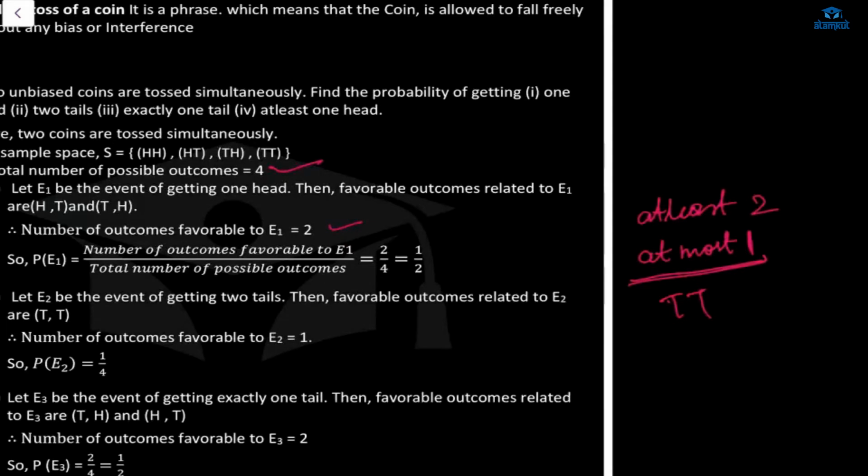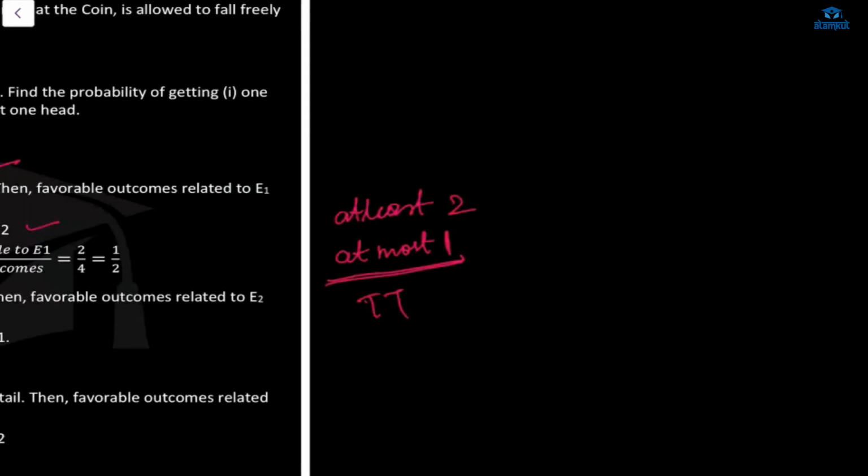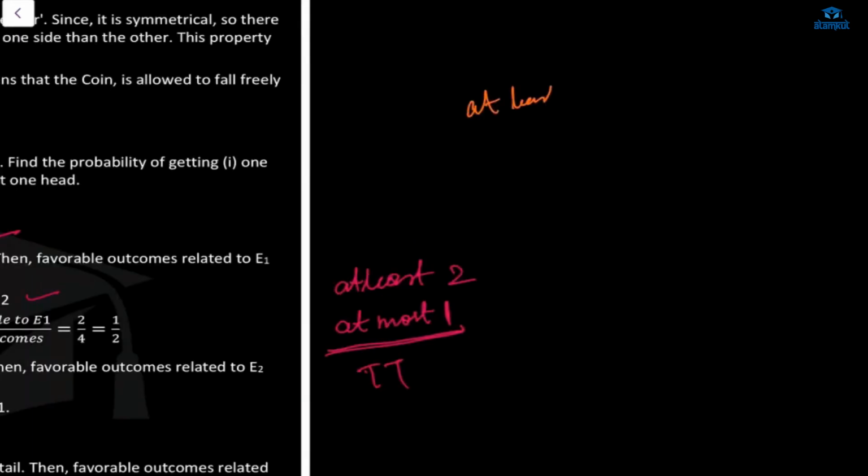For example, if I'm telling you at least one head, I'm tossing 3 coins simultaneously. So the sample space will have 8 values. Yes or no, Sophia? It will have 8 values. And I'm telling you to find the probability of an event of at least one head. At least one head means a minimum of one head. So we are just going to check the sample space.